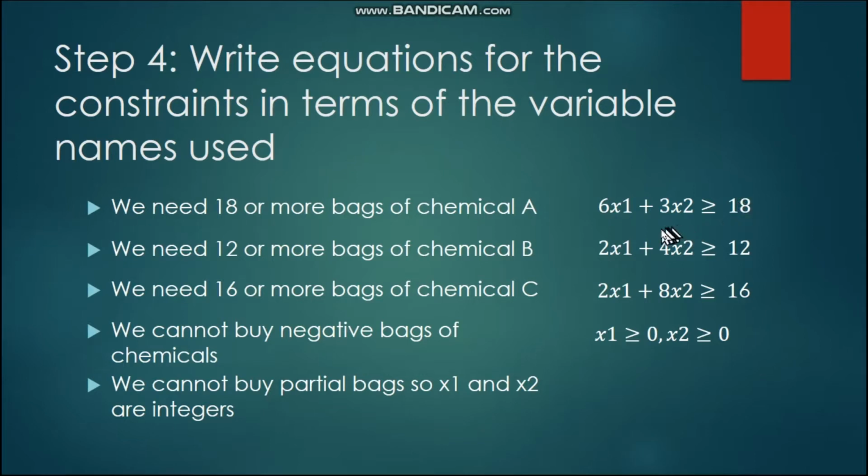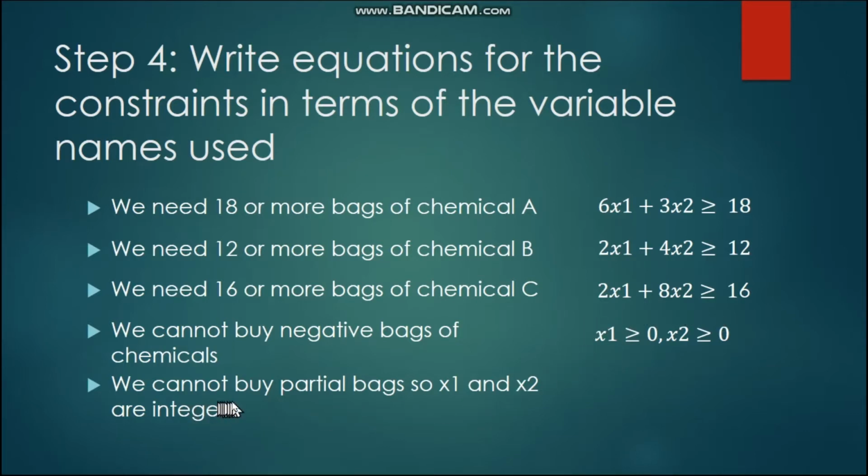You can check back the table to make sure that this logical statement and the ones that are similar to it make sense. We also have the fact that we cannot buy negative bags of chemicals, so X1 must be greater than or equal to 0 and X2 must be greater than or equal to 0. Note that they cannot be negative, and these are basically going to be put into the system as lower bounds.